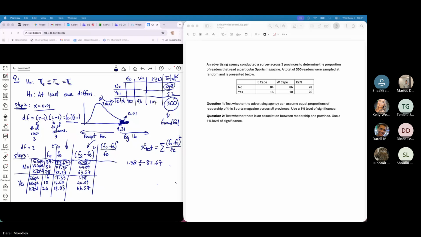That's what this formula is telling me to do: take everything in the column before, which is the numerator, and divide it by FE. If you do that, you get a value of 0.022. You're going to do that for each row. So for the next one, it's going to be 44.09 divided by 79.36.